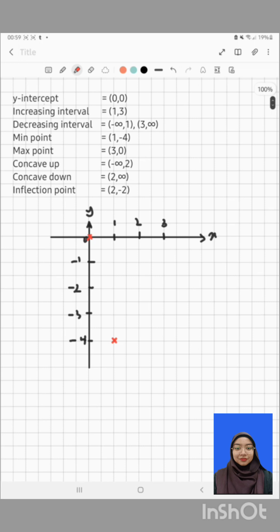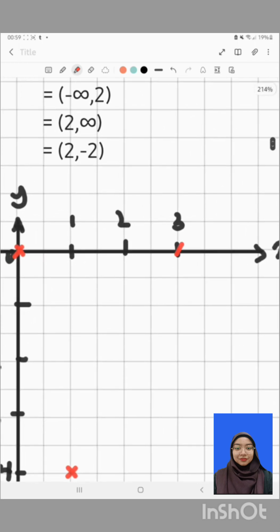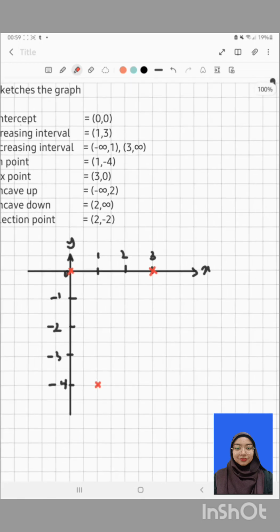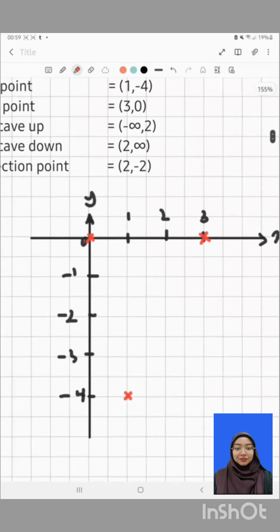The next is the maximum point at 3, 0. The last one is the inflection point at 2, -2.